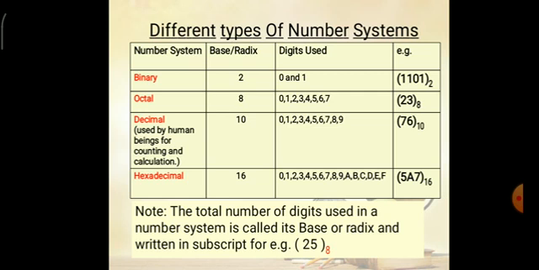This number system consists of 16 digits, that is 0 to 9, and the letters A to F, where A is equivalent to 10, B is equivalent to 11, C is equivalent to 12, D is equivalent to 13, E 14, and F 16. You can see in the example, a number is written 5A7 with the base 16. Therefore, it represents that it is a hexadecimal number.